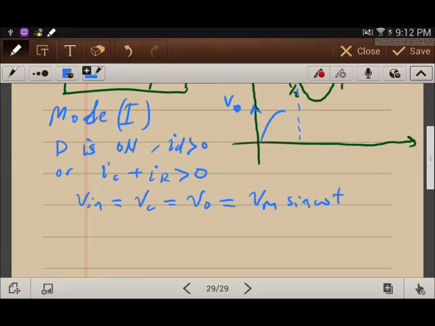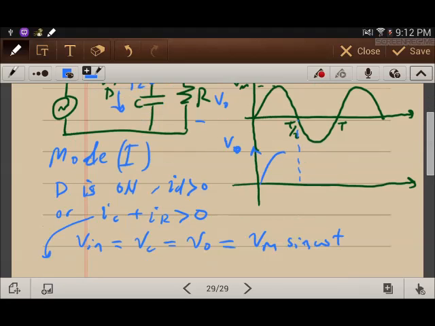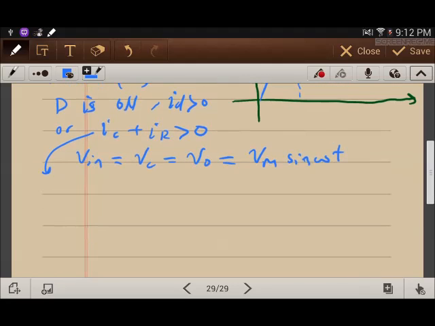Now from here, the current that is moving through the capacitor is actually equal to C dVc over dt plus the resistor current, which is simply the output voltage divided by the resistor, which is greater than 0.